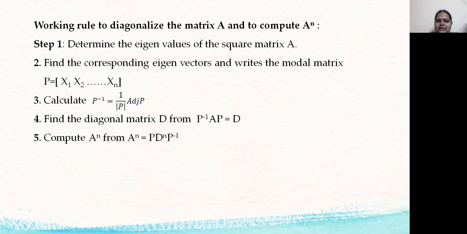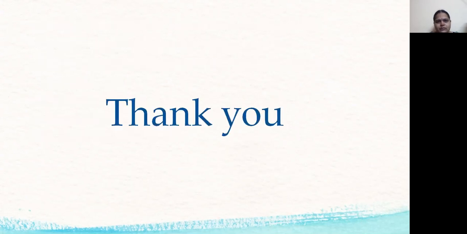Write the eigenvectors as the columns of the matrix P. Calculate P inverse. Then multiply the three matrices P inverse AP. We should get the diagonal matrix D, which contains the eigenvalues as its elements. Next, compute A power n from A power n equals P D power n P inverse. Okay, thank you.